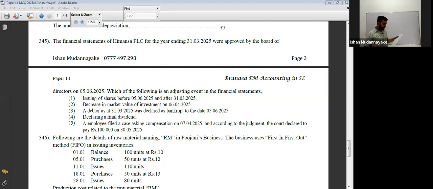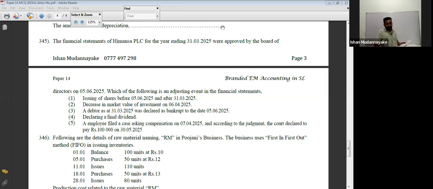LKAS 10, events after the reporting period. Which of the following is an adjusting event in the financial statements? Adjusting events and non-adjusting events. Some of the events we need to adjust to the financial year, and some events do not adjust to the financial year.